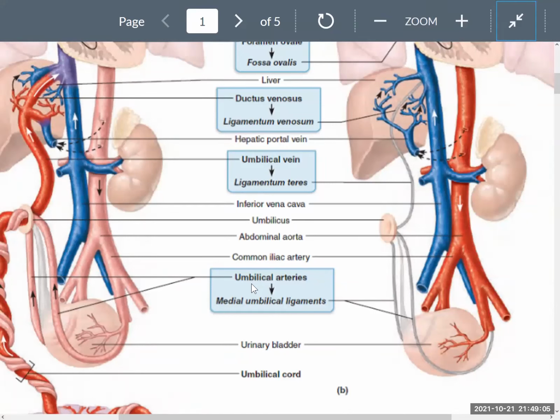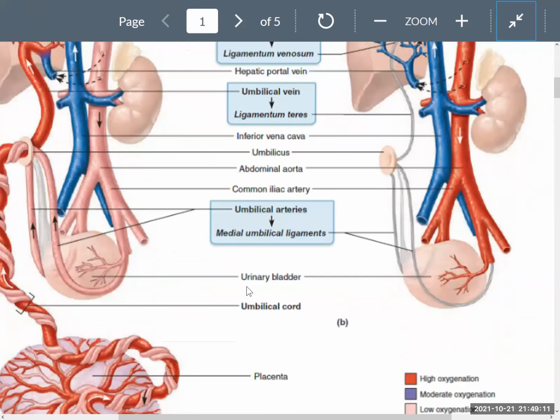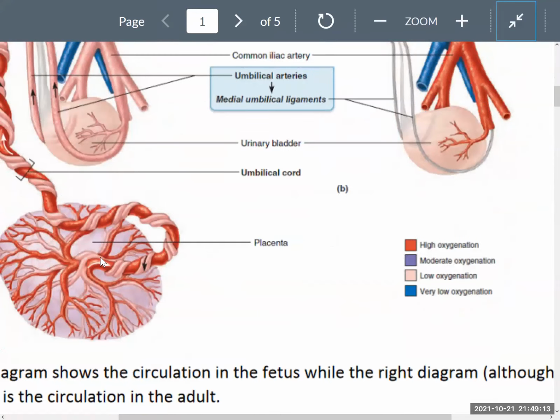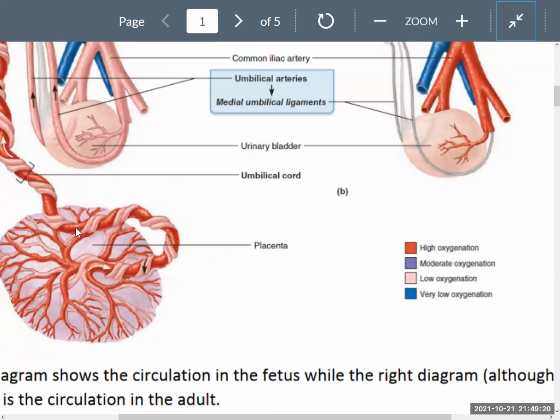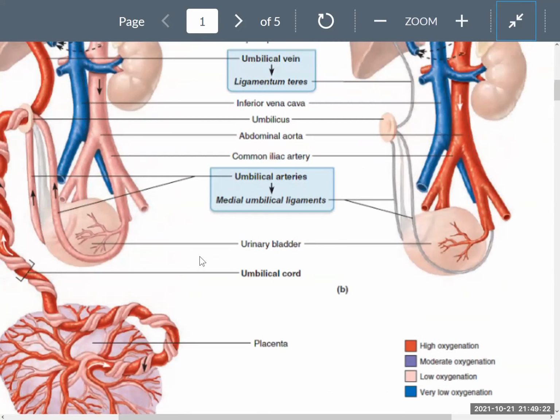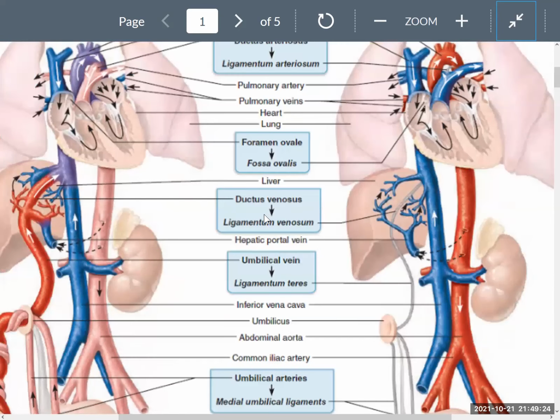There are 4 things that really happen at birth. One, and it's not listed here, is the placenta and the umbilical cord are lost. The ductus venosus collapses and becomes the ligamentum venosum.